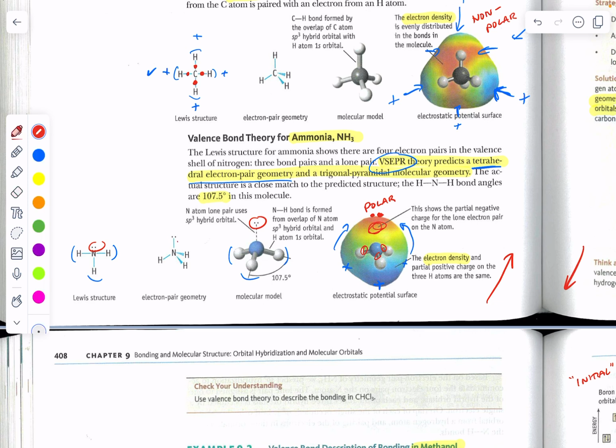We have a region of negativeness there, and there, which in 3-dimensional space pushes each pair of electrons as far away from each other as you can get. So it is going to be tetrahedral in terms of electron pair geometry. In terms of molecular geometry, where we only concern ourselves with the atoms in the molecule, we would say that it is trigonal pyramidal. We learned about that in the last chapter.